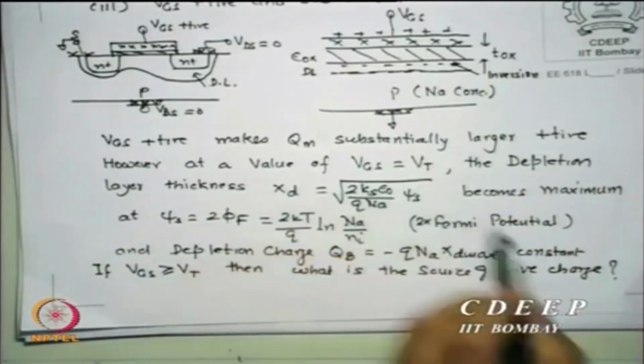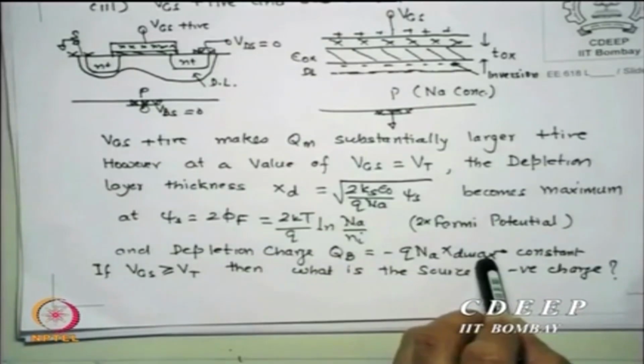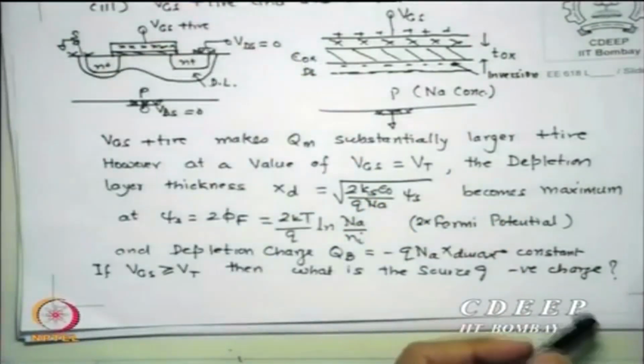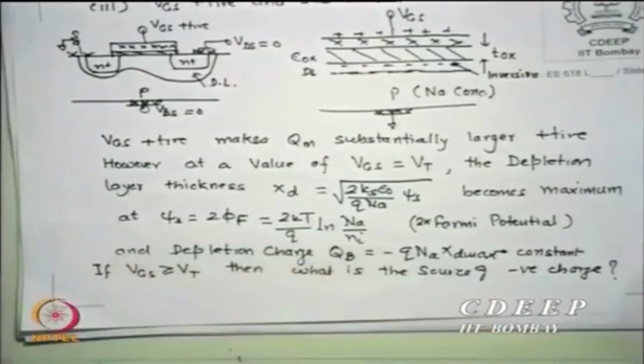If XD becomes constant and maximum, then the charges due to the depletion layer are fixed now. But if you are increasing VGS beyond that value, then what will happen? From where will the charge come, because the depletion layer cannot enhance now? That means there must be another source of negative charge.